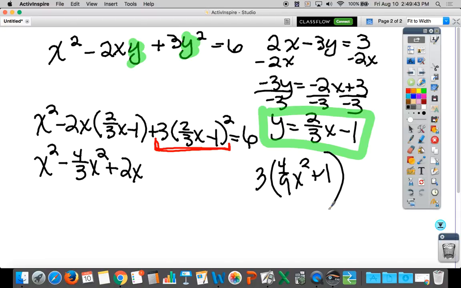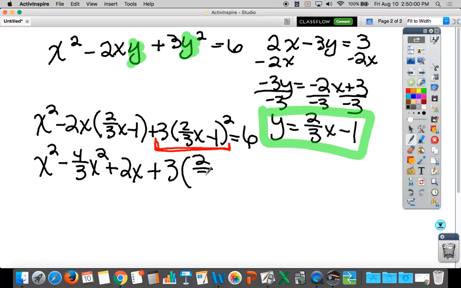So I squared the 2/3 x and I squared the minus 1. I have to FOIL. Because remember, the definition of squaring is multiplying by itself. So, I don't make a mistake. I'm going to write it out like that. Equals 6.